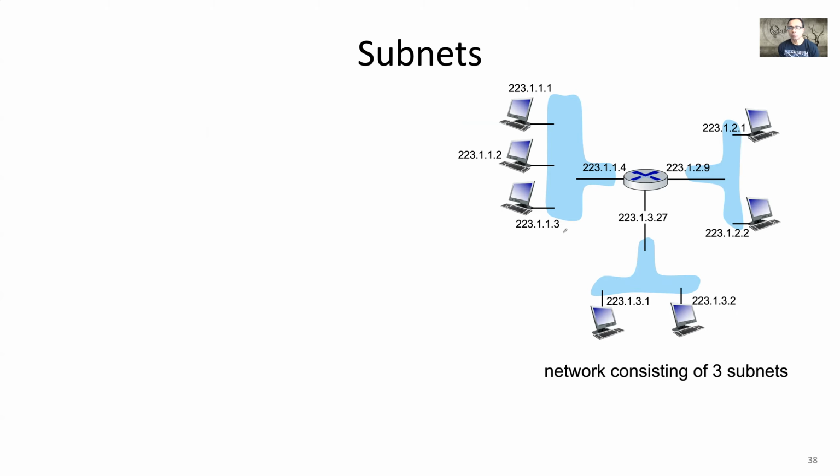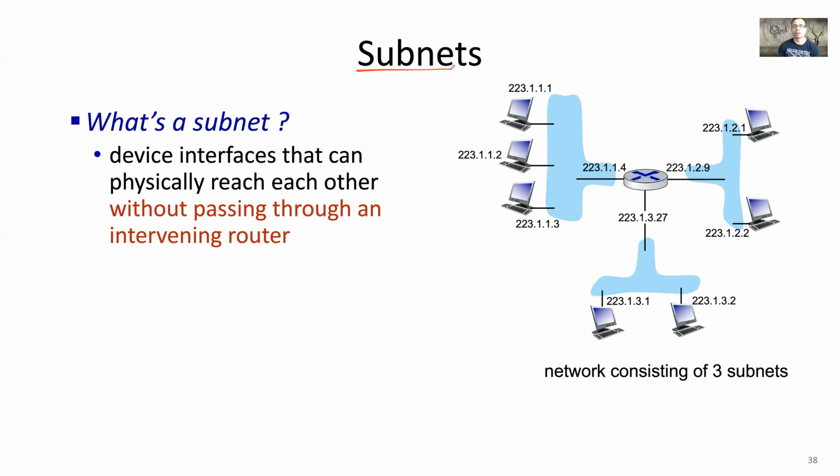And now we move forward to another important notion, which is referred to as a subnet, right? So what is a subnet? Well, basically, if any device on a network can communicate directly with any other device without having to go through a router, then all those devices are considered to be part of the same subnet.